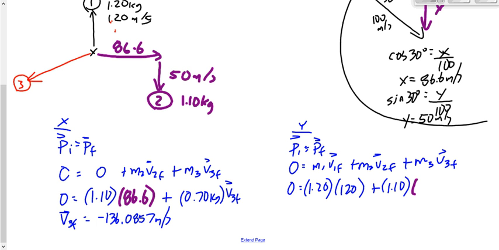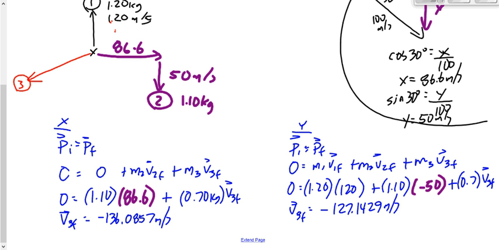Does that make sense? M3 is 0.7. Let's solve for V3F here. We get negative 127.1429.